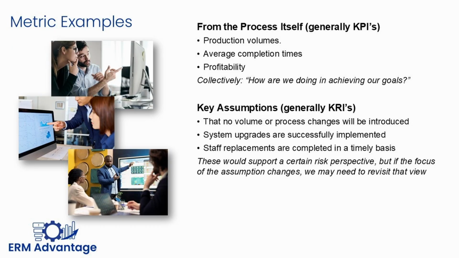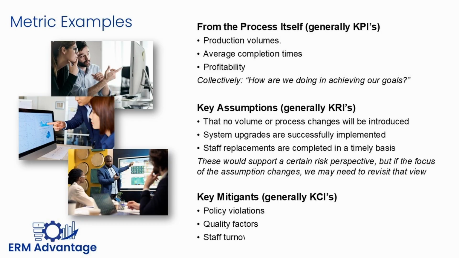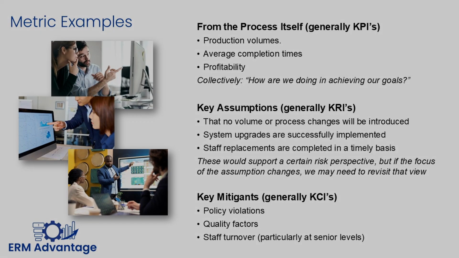And finally, metrics tied to our mitigants, and these would generally be KCIs, could include things like, again, policy violations. In my mind, one of the best metrics that we have. Quality factors, staff turnover, etc. Now, this isn't to say that every one of these has to have a metric in place, but anywhere where they really relate to key risks.